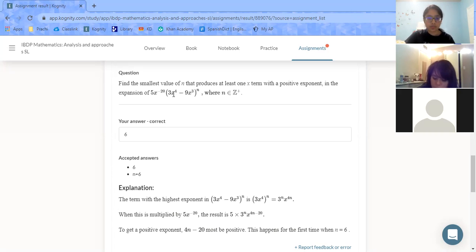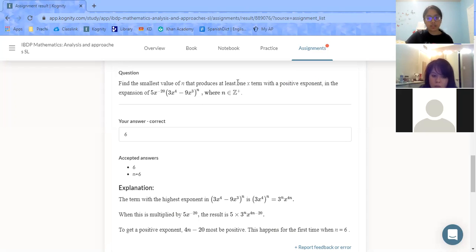so I was confused about this one as well. I was trying to do both of these together, but it says at least one x term. So that means you would just take the one with the bigger exponent, because the one at the front is negative 20, right? So you're trying to cancel out the negative exponent, because you're trying to have one with a positive exponent, like it says here.